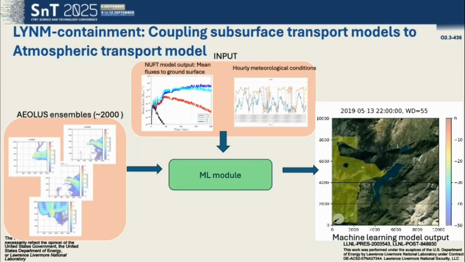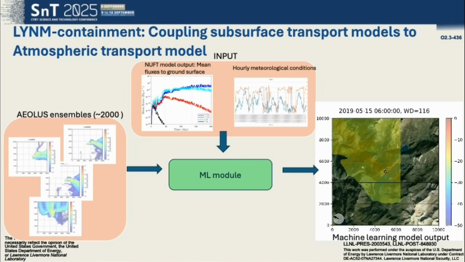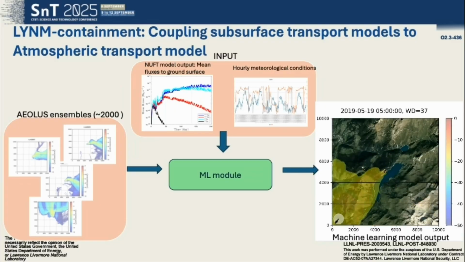So this is our approach of quickly, rapidly predicting how the contaminants are going to transport over days, using a really high fidelity model, machine learning, and artificial intelligence, combining the best of the best and producing credible results. And this is where we are at. We have produced this model, and we are waiting to validate it now with the data.